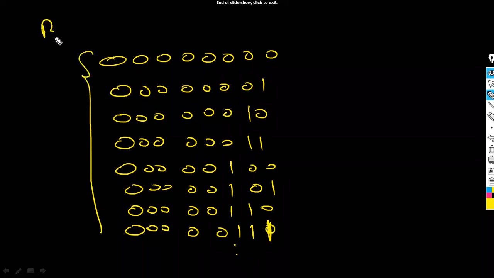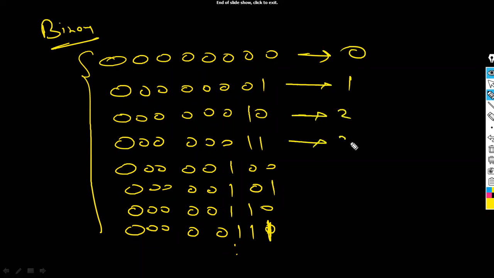This is the binary representation, and how many bits? 8 bits. The decimal value is 0, 1, 2, 3, 4, 5, 6, 7. This way, we configure IPs in decimal, but behind the scenes it is all binary, zeros and ones.